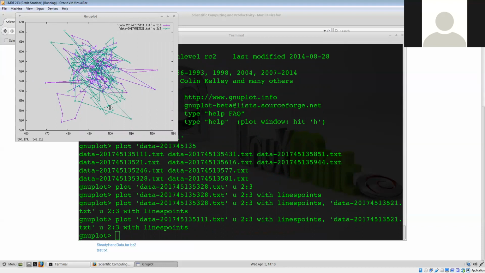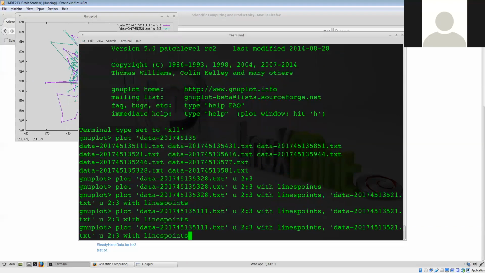I just have a couple really far outliers, but most of them are nice and tight in there. What number is yours, Patrick? Yeah. Okay, which is data 3, 5 what? Is it 2, 4, 6?